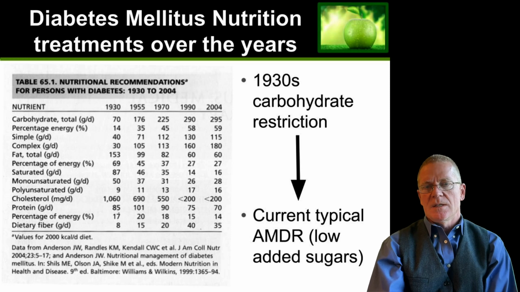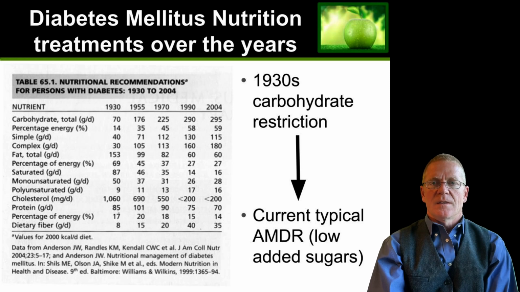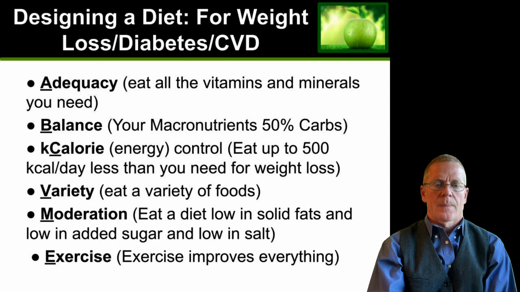Some fruit is absolutely fine in a diabetic diet, but reducing simple added sugars, anything like cookies or anything with sugar added, cakes, ice creams, anything like that should be reduced dramatically in a type 2 diabetic diet.